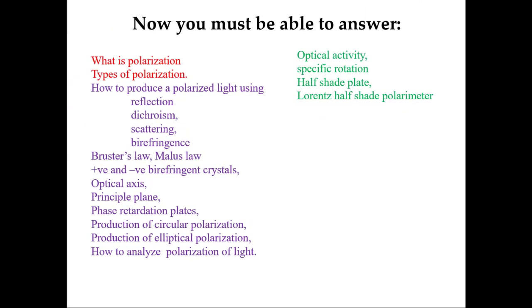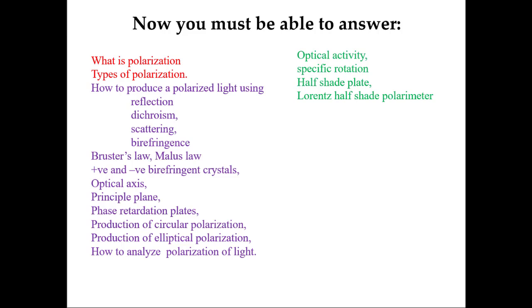At this point, you must be able to define the polarization, different types of polarization, and the procedures by which a polarized light can be produced, in which the polarization by reflection, dichroism, scattering, and birefringence must be explained.